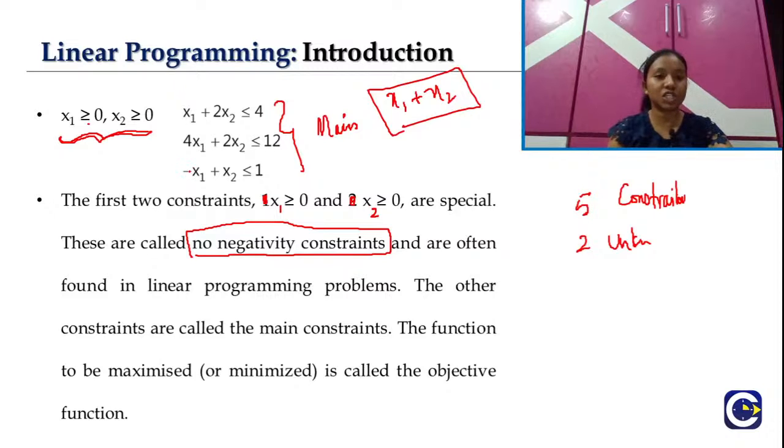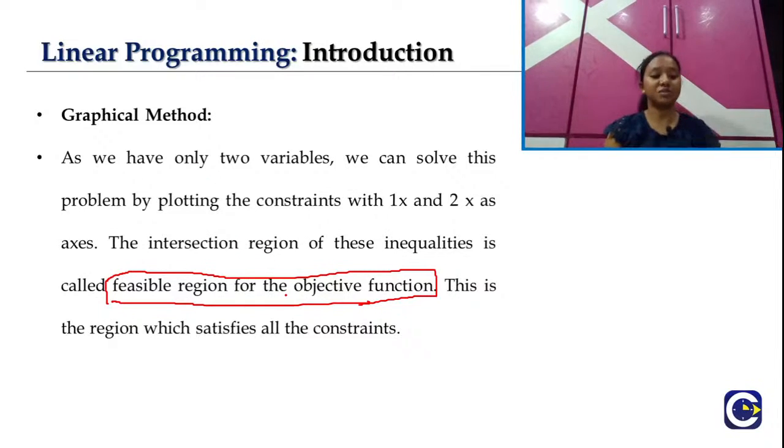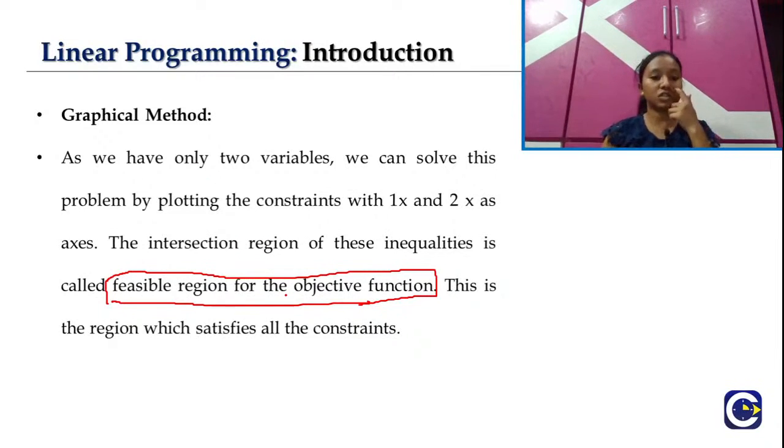That intersection region is called the feasible region for the objective function, because this is the only region which satisfies all the given constraints.